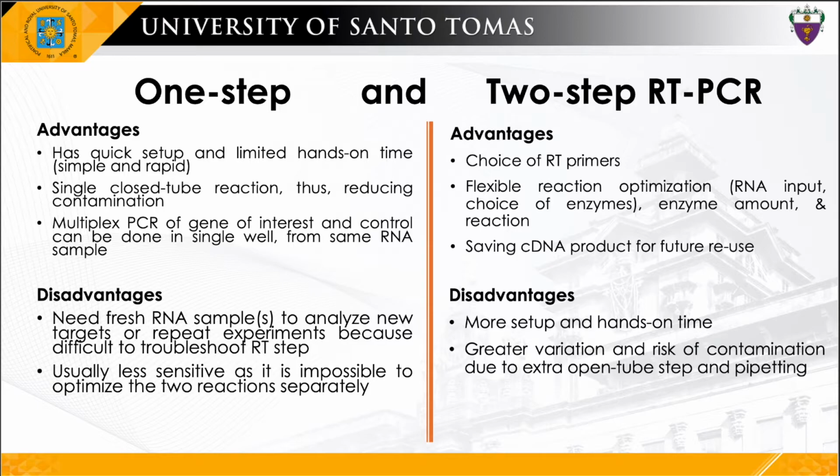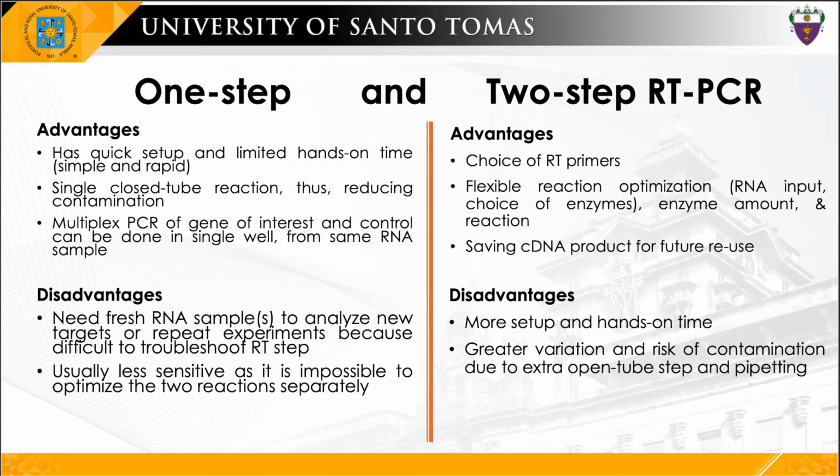One advantage of one-step PCR as well is the lower probability of contamination, because the sample is less exposed to the environment in a single tube, and the process requires less pipetting, as mentioned. Also, the results have higher reproducibility, and the procedure takes much less time.